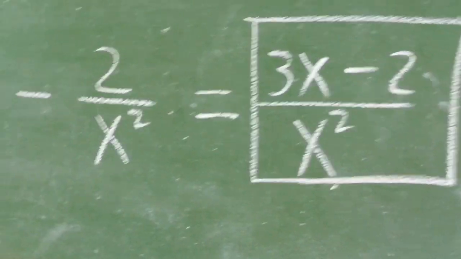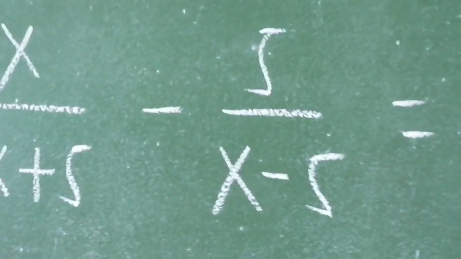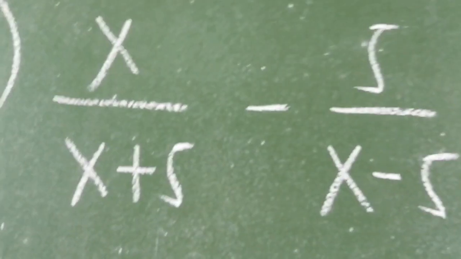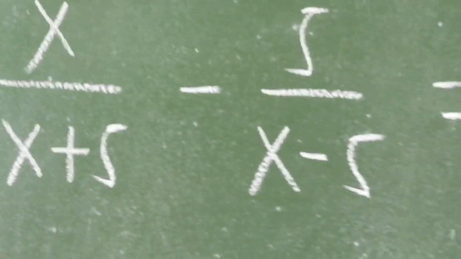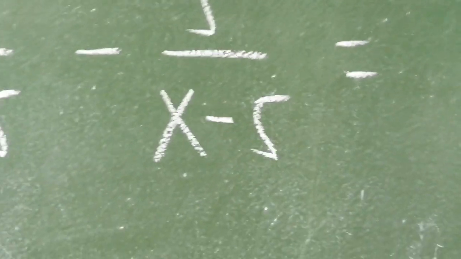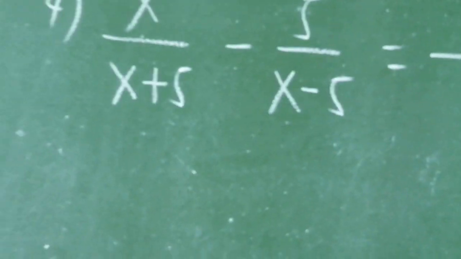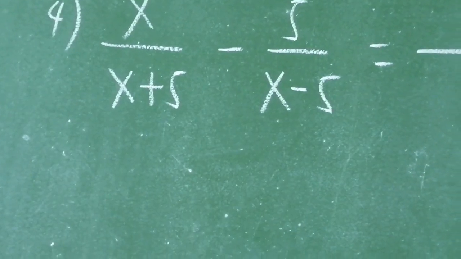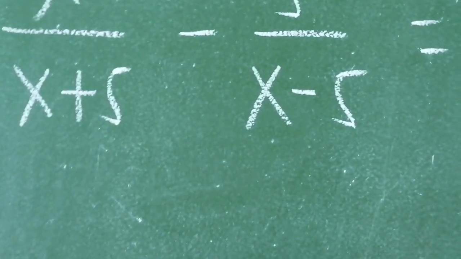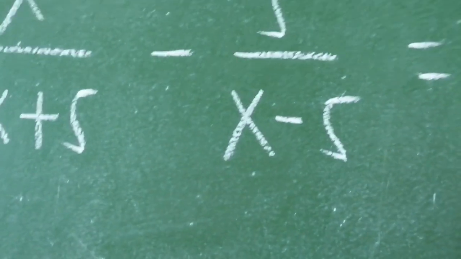Okay, so that's it. Now we will go to the next, number 4. This is also subtraction. x over x plus 5 minus x over x minus 5. First thing first, get the LCD. The LCD is, you just multiply the denominators here, but it's better to put them in factored form.